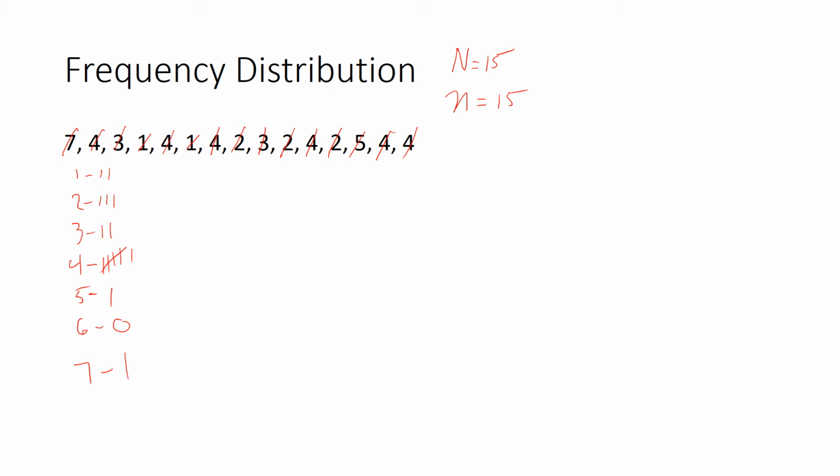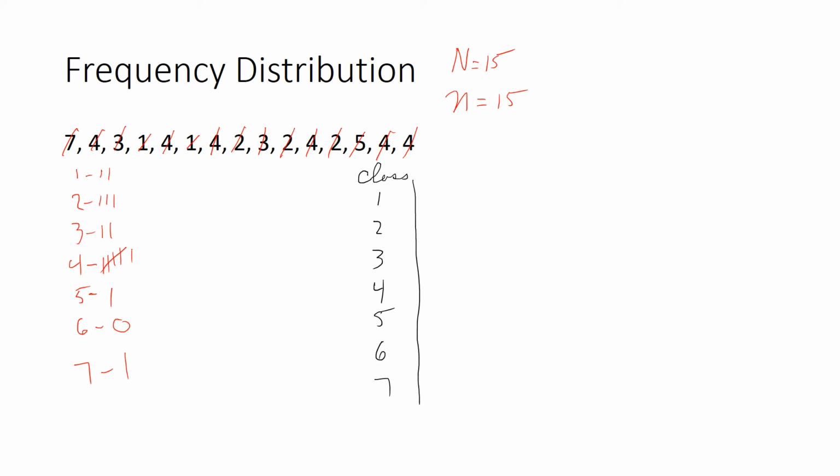What we don't want to do is leave it like that, because in a presentation, that's not going to work real well. So with a frequency distribution, we want to organize this a little bit better. Since it's a basic frequency distribution, we're going to use class first over here. The classes are going to be 1, 2, 3, 4, 5, 6, and 7. We want to keep that like that.